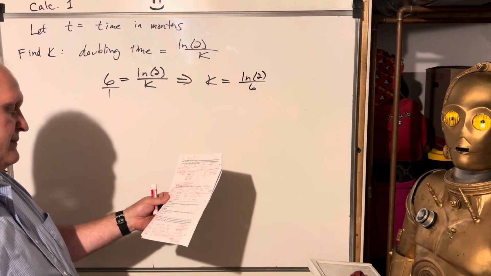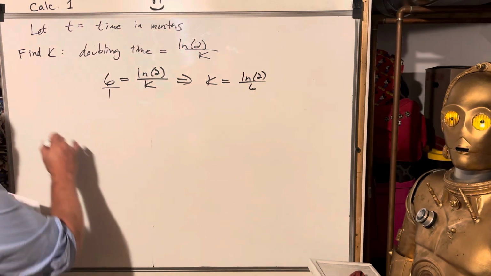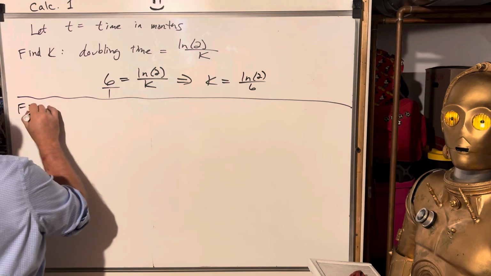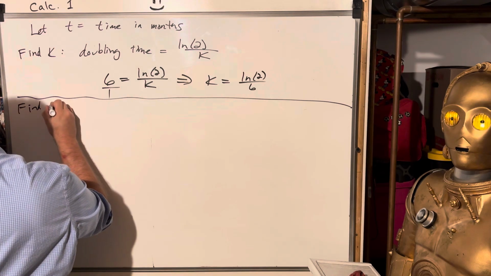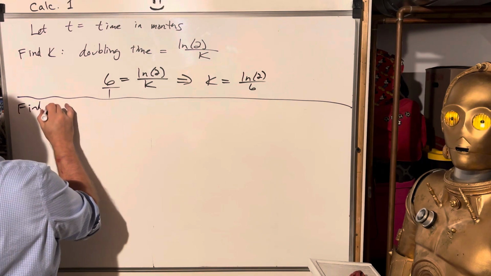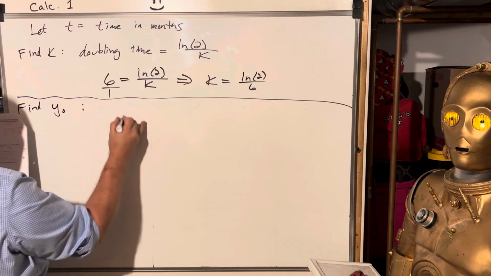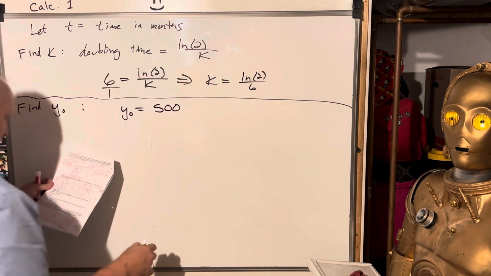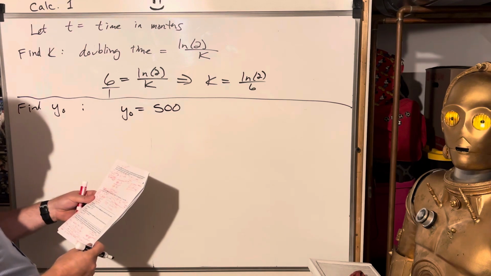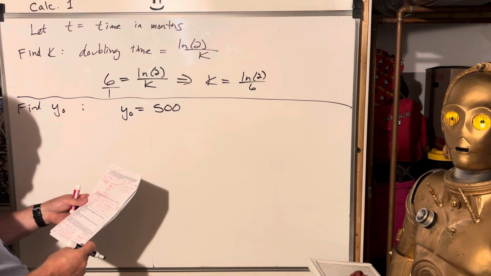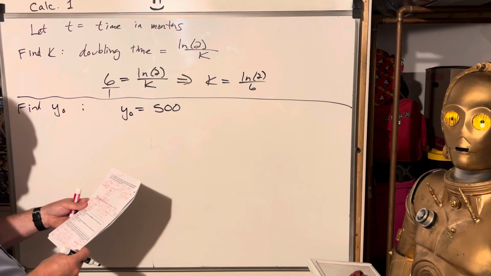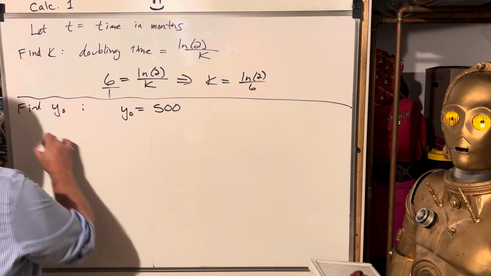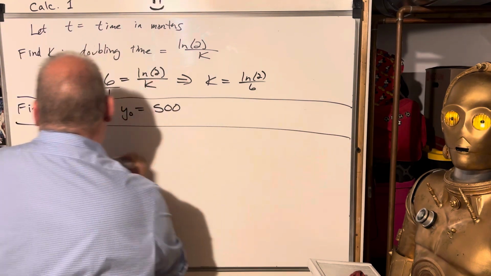All right. So now find y naught. Well, they don't really have to find that. They gave it to us. That is 500. You can just say t equals 0, y equals 500. That's fine. So now let's do our model.